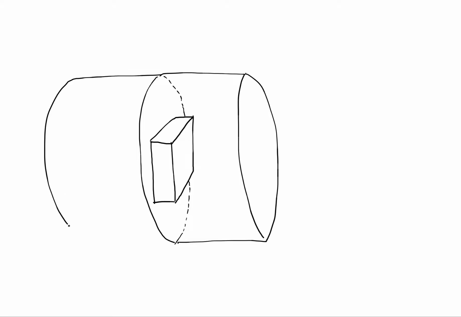Now imagine we create a giant cylinder where the cylinder contains 1/2 of our copper plate inside it, and we make another cylinder which will contain the other half.